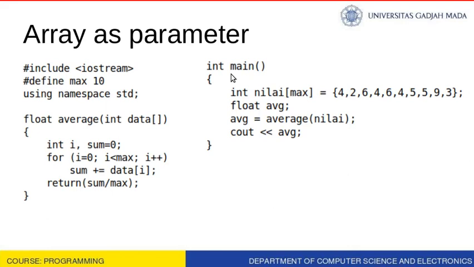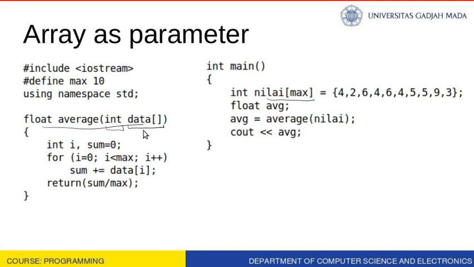And then the last parameter in function is in the representation of array. So suppose you have an array and you want to pass that array into function, then you can do like this. So you have this array, and then you have this function, and then if you want an array to be the input parameter of this function, then you just write like this, the data type, and then the name.